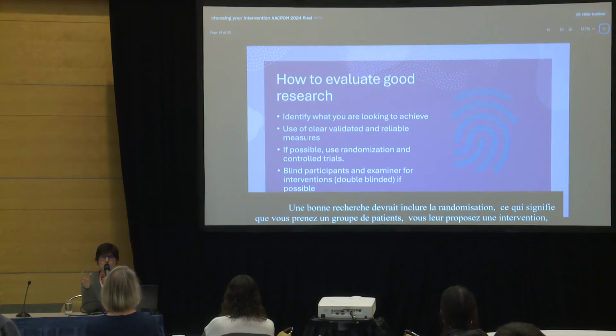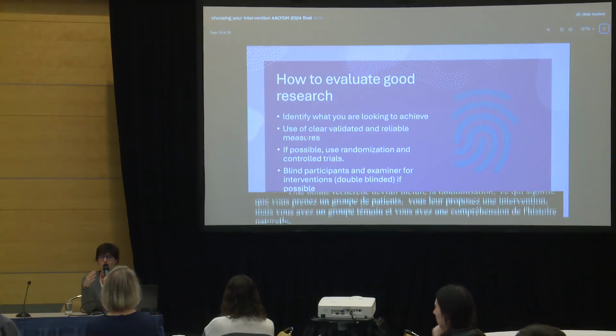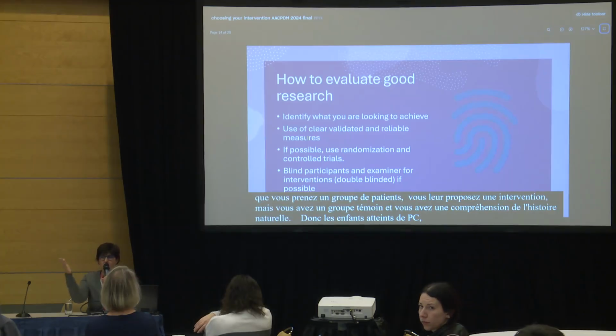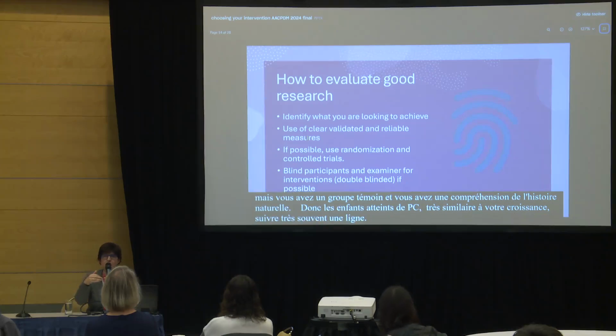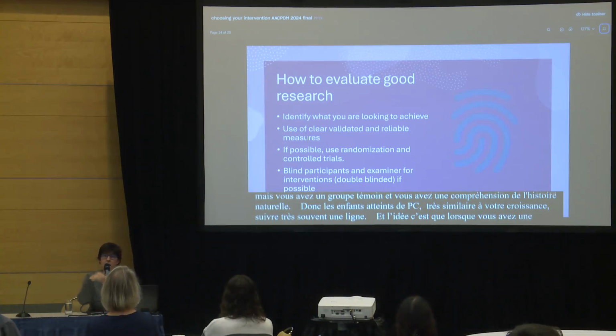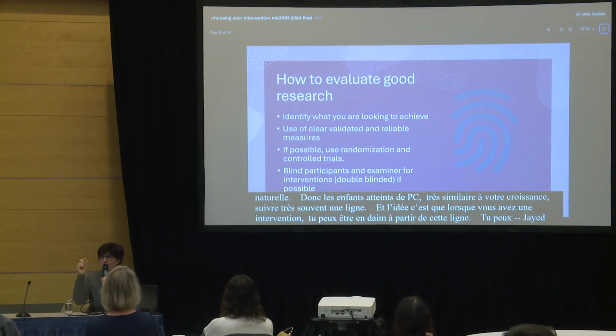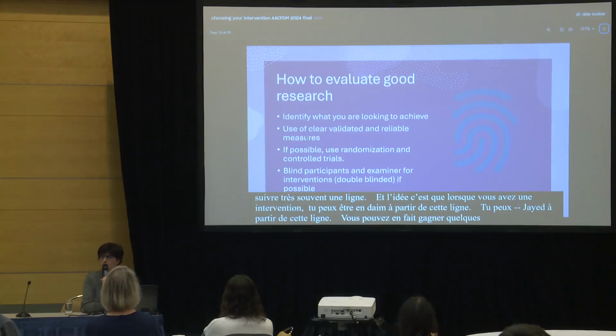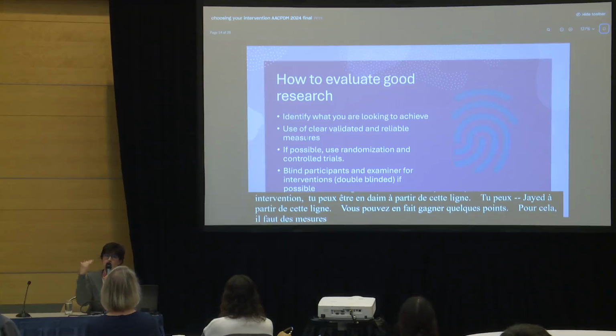So children with CP, very similar to your growth, follow very often a line. And the idea is when you have intervention, can we sway from that line? Can we actually jump a few points up? But for that, again, you need the measures to be fine-tuned enough. So those are all factors why research back then wasn't as good, but also now we're still often having difficulties.